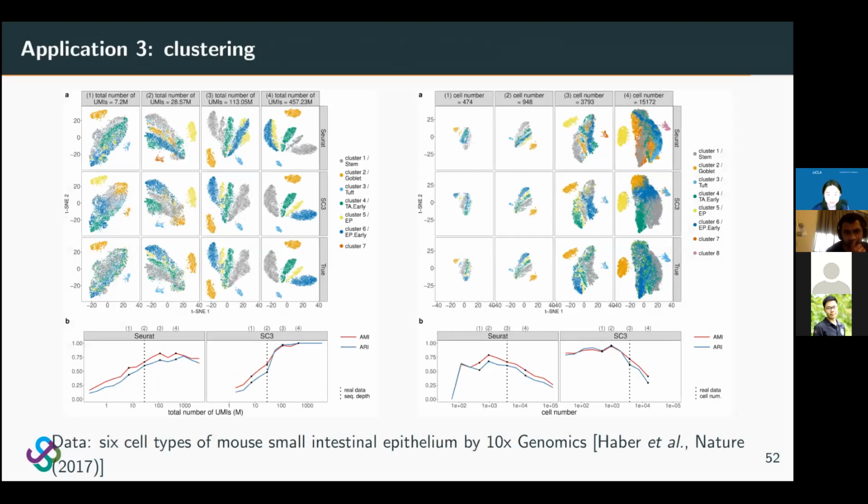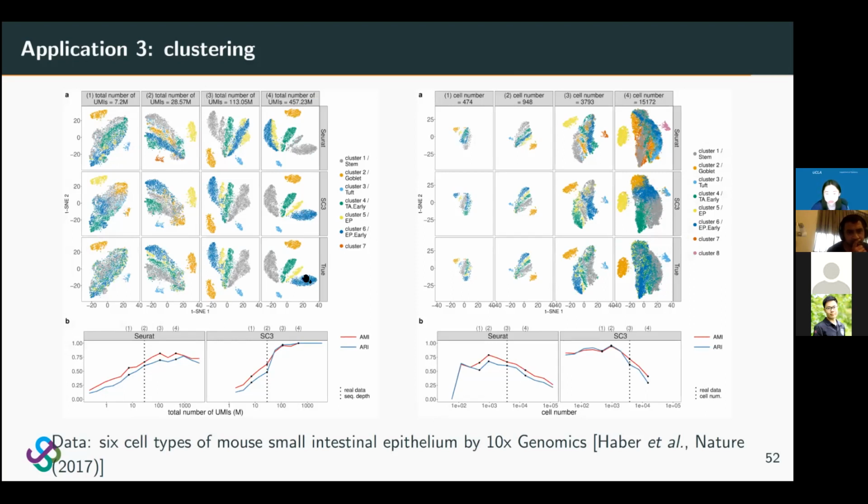Okay, finally, for experimental design and computational benchmarking, this is an example for cell clustering. We generate synthetic data for different sequencing depths, so the total number of UMIs increases. We're showing four examples here corresponding to these four dots down here. For each synthetic data set, we apply Seurat and SC3 as two popular clustering methods.